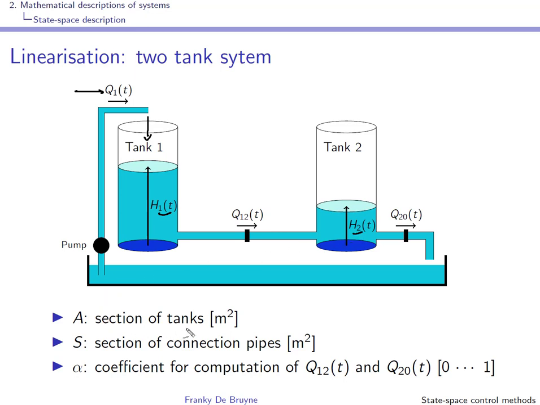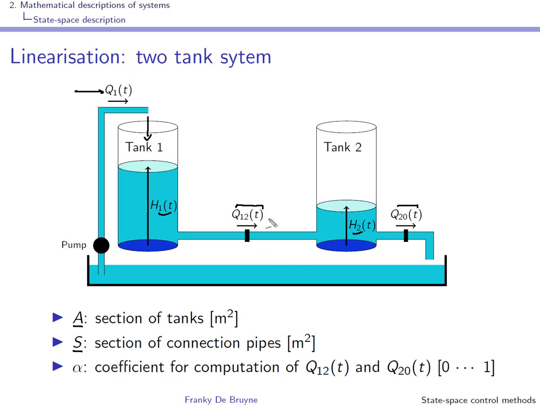The section of the tanks is A, and tank 1 and tank 2 are connected by a connection pipe of section S, and the flow through this connection pipe is Q12. There is also a discharge pipe with the same section, and the discharge flow is Q20.